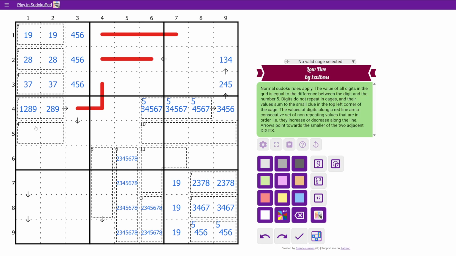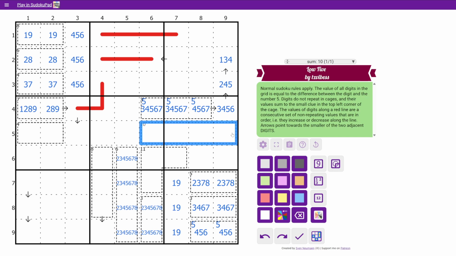Do I need to think about those red lines? 3, 4, 5, 6. No. What about a 10? If we had a 0, it would be 1, 2, 3, or 4.